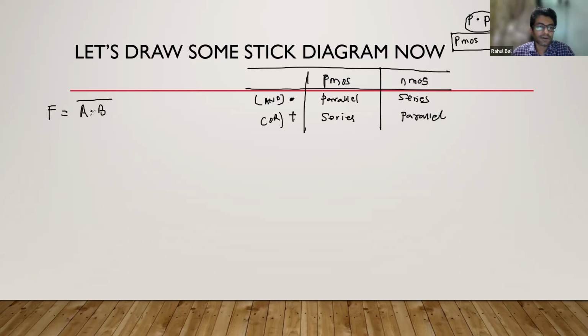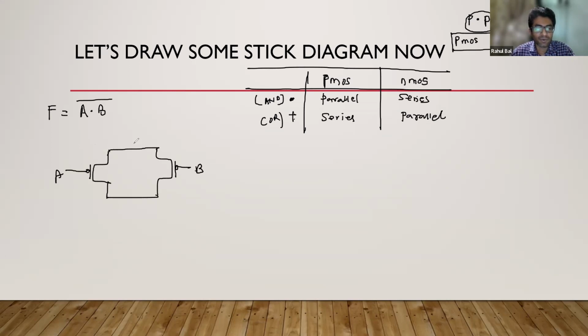So here it is a dot operator, right? So our PMOS should be in parallel. So we'll keep the PMOS in parallel. So these are our PMOS in parallel.